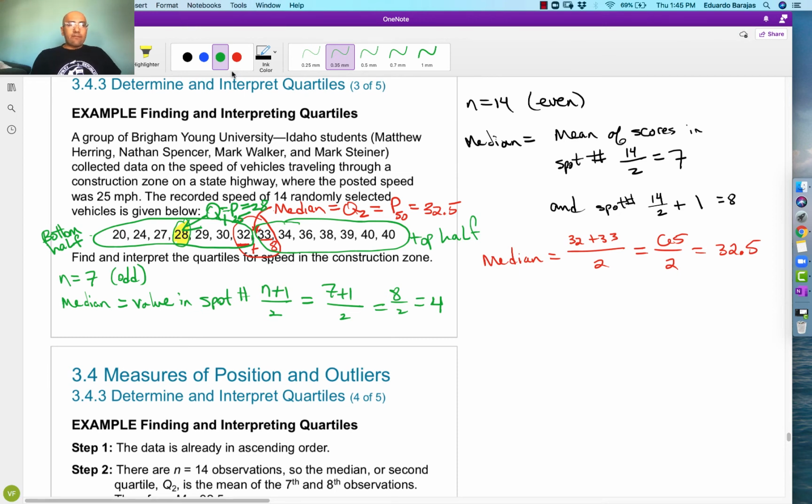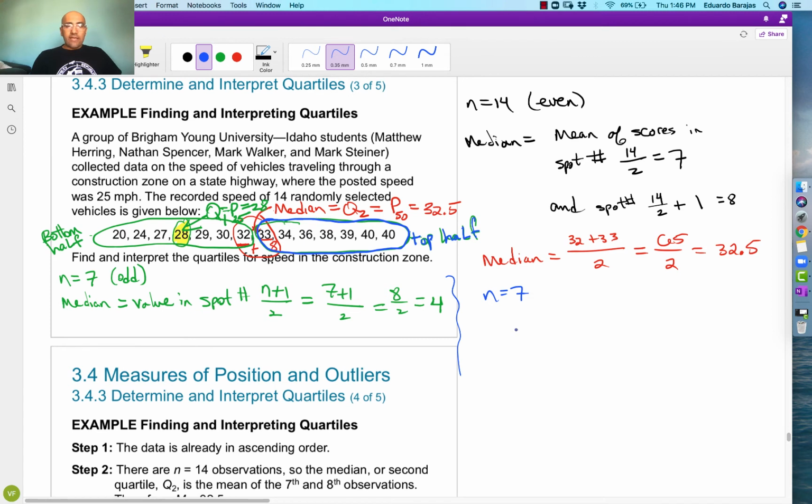Then we focus on the top half, right? So if this is my top half over here, it has 1, 2, 3, 4, 5, 6, 7 values as well.